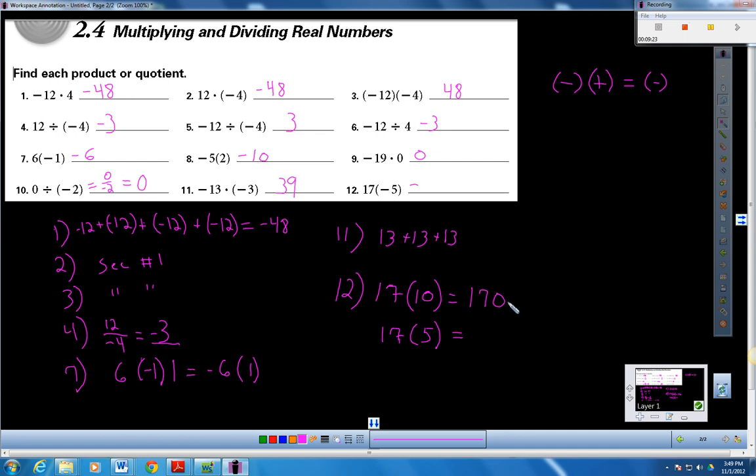Half of 70 is 35. When I add those two together, that's 50 plus 35. If I needed to show that, I'd go ahead and write it for you. A lot easier to do. I know that answer is 85. The product of negative 17 times 5 is going to be negative 85.